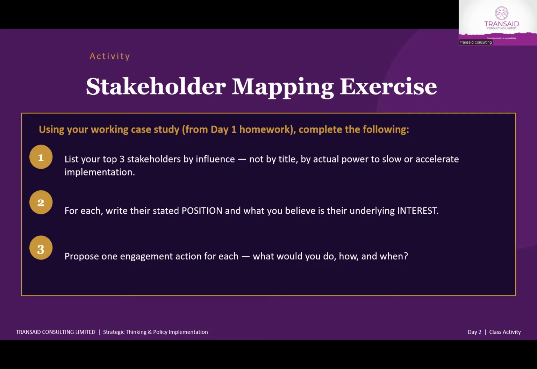For each, write their stated position and what you believe is their underlying interest. What did they say? And what do they mean? Position is what they say. Interest is what they mean. Propose one engagement action for each. What will you do? How and when?